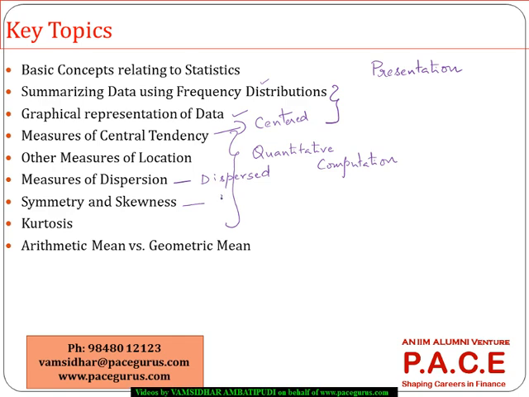Is the pattern of my data more or less symmetrical, or is it lopsided or skewed towards one side? That is something which we would try to understand. And finally, are the extreme outcomes likely or not? That is what we are trying to understand through the various mechanisms.